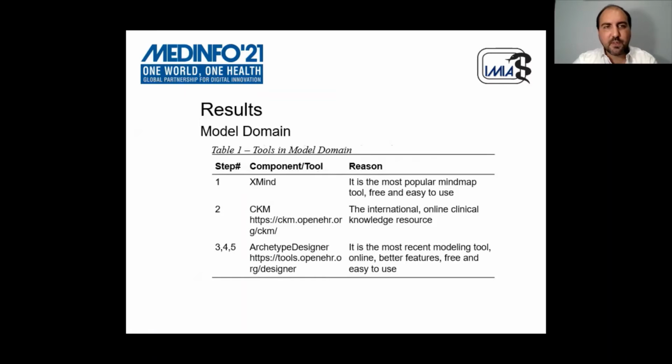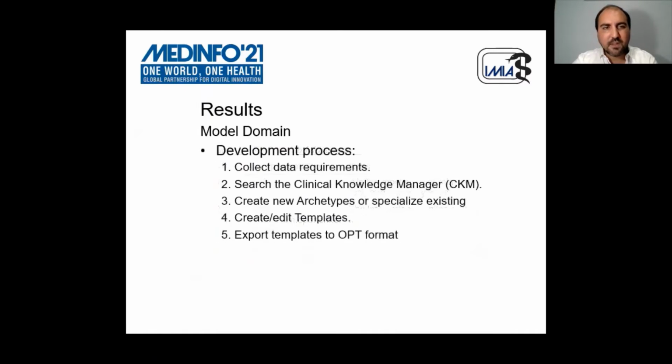For the first and the second step, we used XMind to produce the mind maps, and on the second, the CKM to search for existing archetypes and templates. And for the remaining steps, it was the Archetype Designer, where you can create and edit archetypes and templates. So these steps consisted of collecting the data requirements.